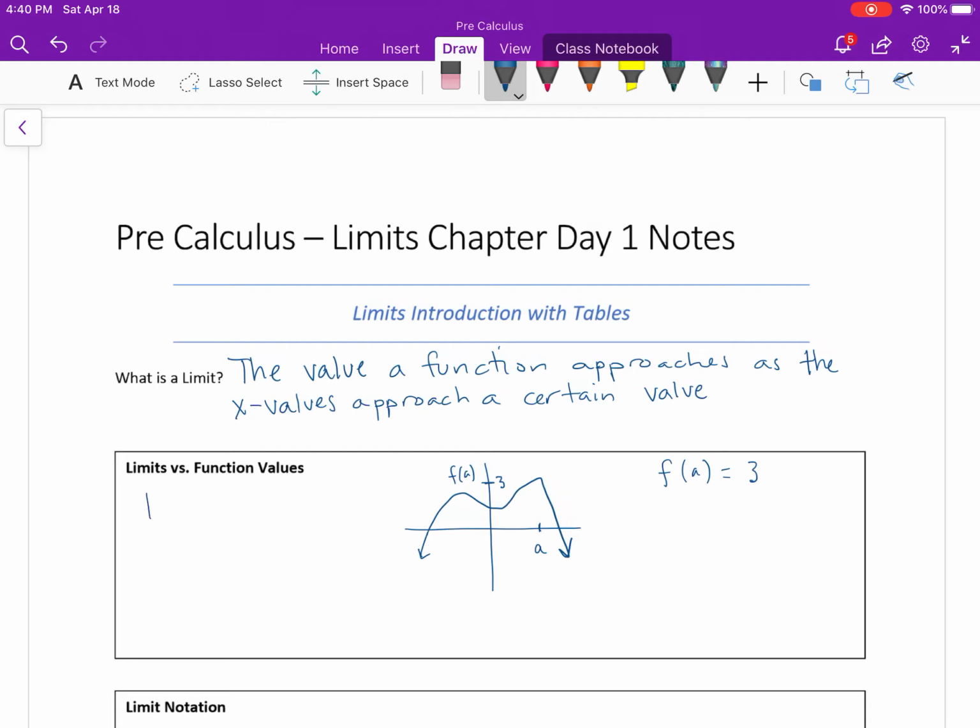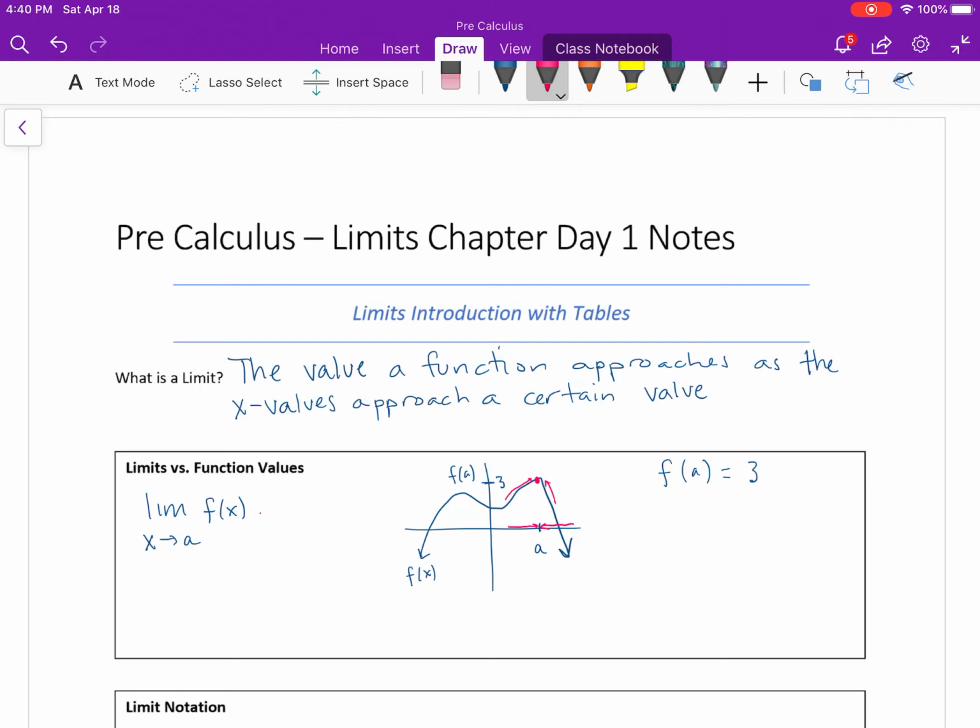Now on the other hand, we have this thing called the limit as x approaches A of this function, and we'll call this function f. So the limit as x approaches A is not what that point is, but what that point gets closer and closer to as we get closer and closer in towards that A. We don't need to actually get to A, we just need to get closer and closer to A and find out what that value is.